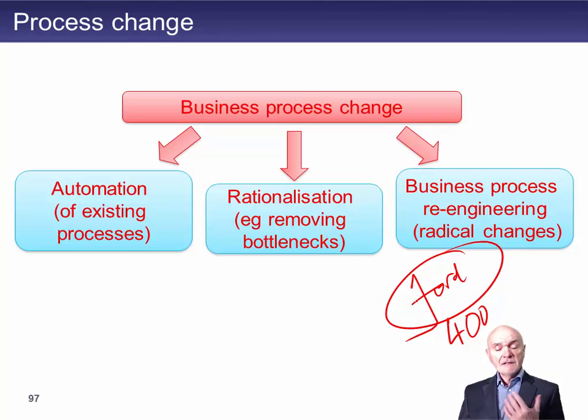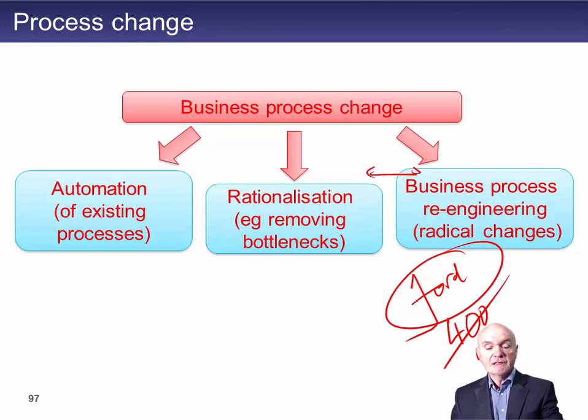By leaving out essentially the invoicing and the purchase ledger, the payables ledger phases, they reduced that 400 down to, it is said, around 40 people. There is no hard and fast distinction between these two here. What is rationalization and what is BPR is not at all plain. It's really a matter of degree, and it doesn't really matter very much.